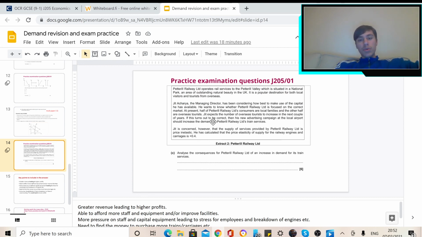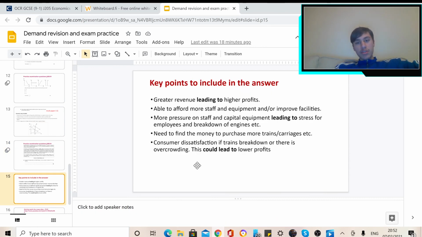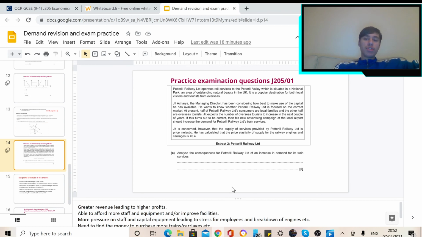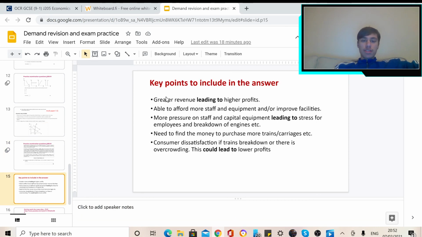So if you read this extract and attempt this question for 6 marks, here are the key points that you should be including in your answer. And you could always get it checked by your teacher. They would be happy to do so. It would just be good practice for what you have understood.